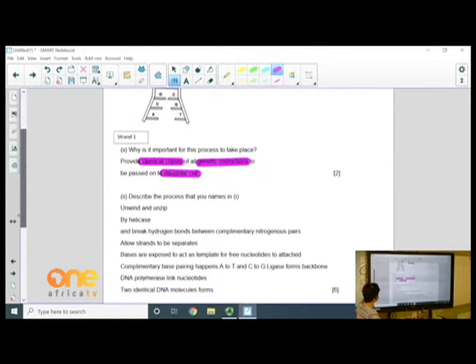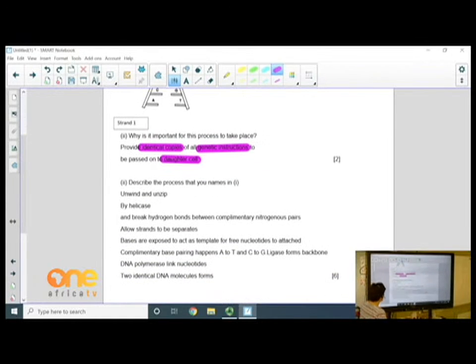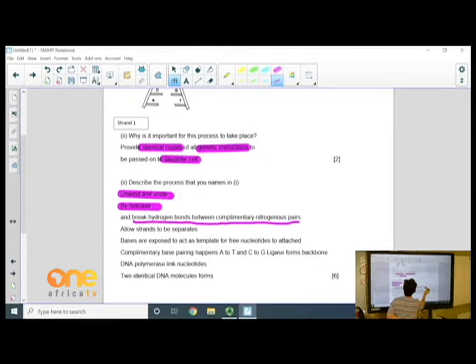Then here, for 6 marks, I think it is important to say the DNA will unwind and unzip. This happens by helicase, and that earns a mark. It breaks hydrogen bonds between the nitrogenous pairs.